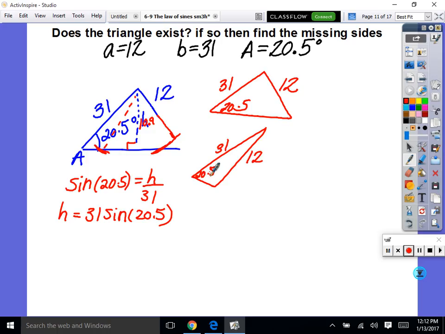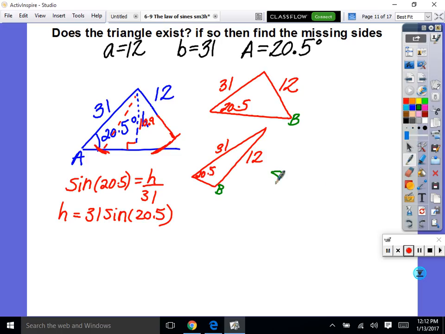So now we're going to solve this using the law of sines. Let's focus on the top one. We have 2 triangles to solve here. So we've got to use the law of sines. Let's find this angle, angle B. Let's start with the unknown.